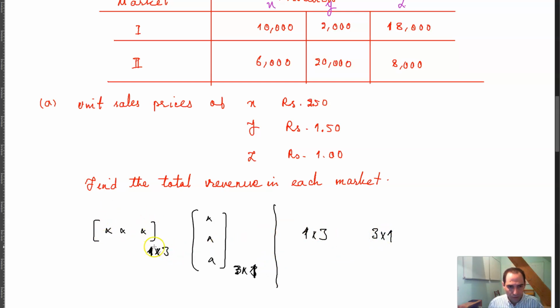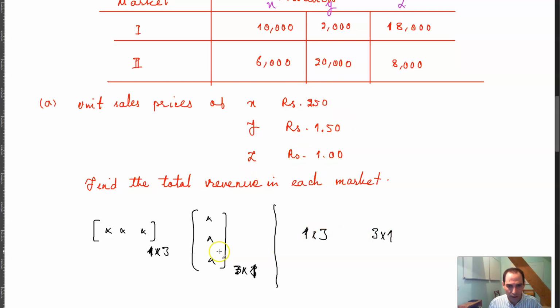Now, if I wrote them this way, a 1 by 3 matrix and a 1 by 3 matrix, of course, I wouldn't be able to multiply them together. These two matrices I could multiply together, and the result would be a 1 by 1 matrix, which is what I want. On the other hand, I can take this and multiply it with this matrix, which gives me a 3 by 3 matrix, which I don't want, because I want all of those to be added together.